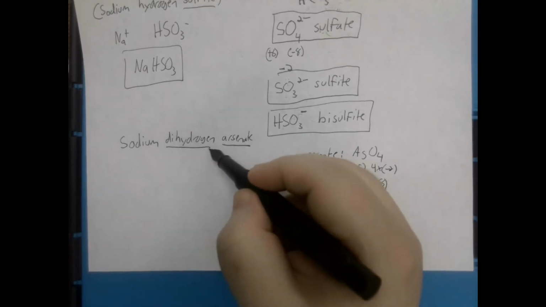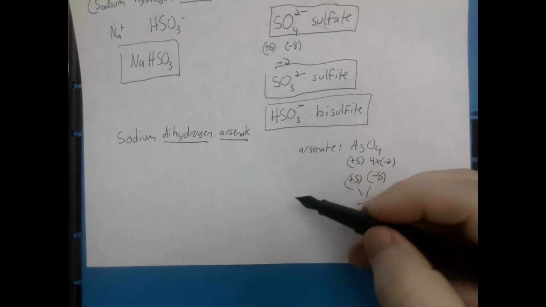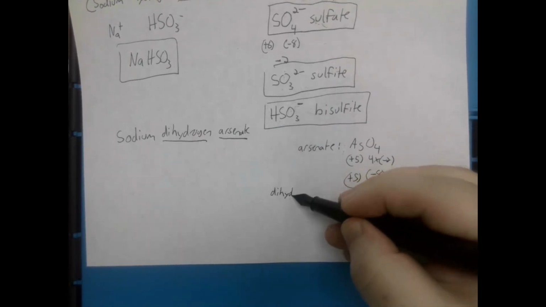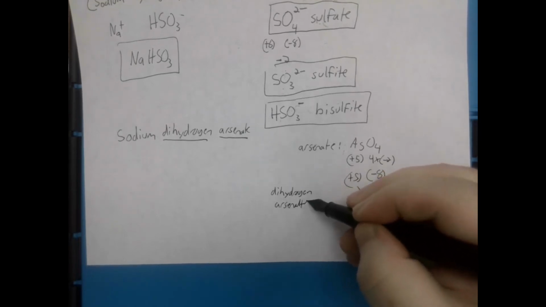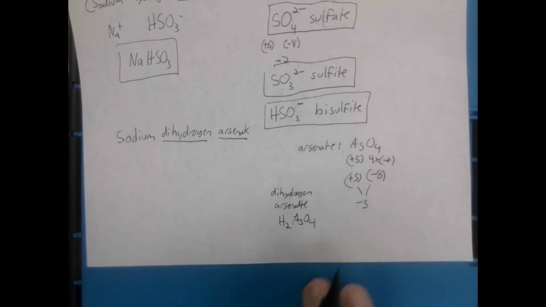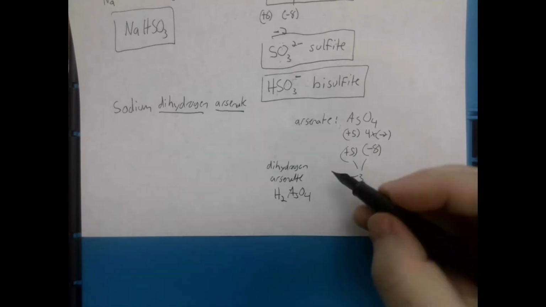What does dihydrogen tell us? There are 2 of them. So dihydrogen arsenate would have 2 hydrogens attached to the AsO4. What would the new charge be here? Just negative.